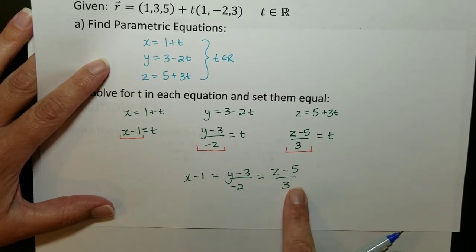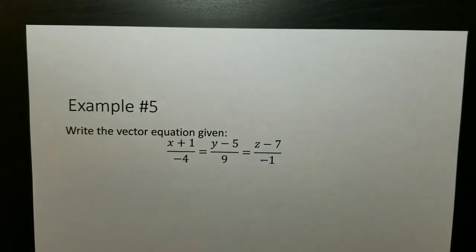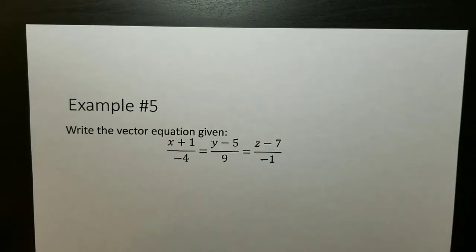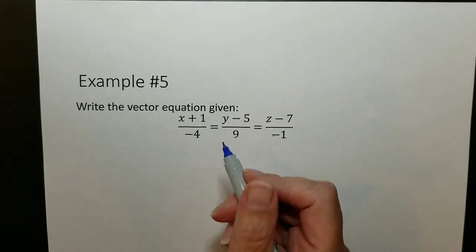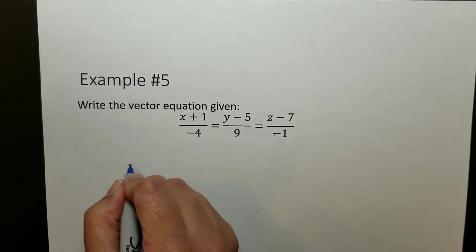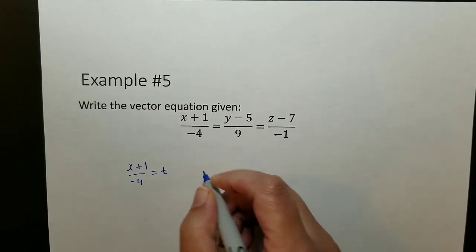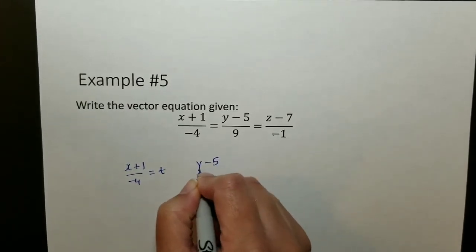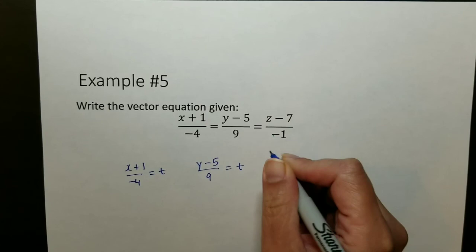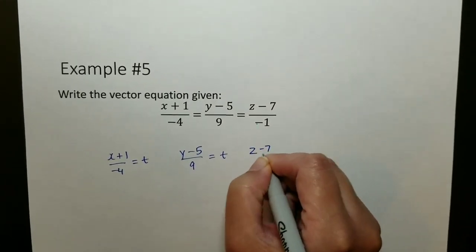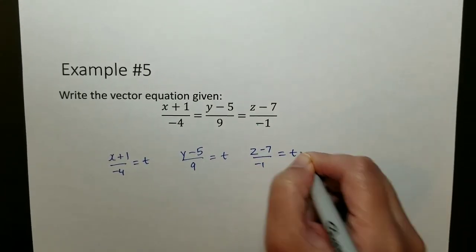I'm going to take the 3 pieces and make them each equal to t, and then isolate to get the parametric. Okay, so we would know that (x plus 1) over negative 4 equals t. (y minus 5) over 9 equals t. And (z minus 7) over negative 1 equals t.